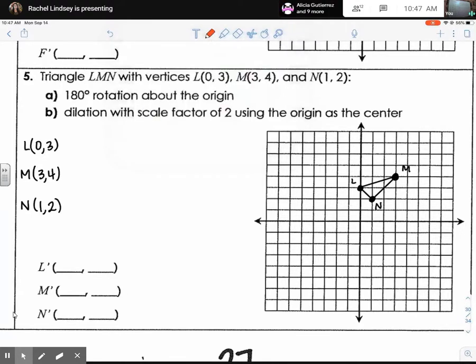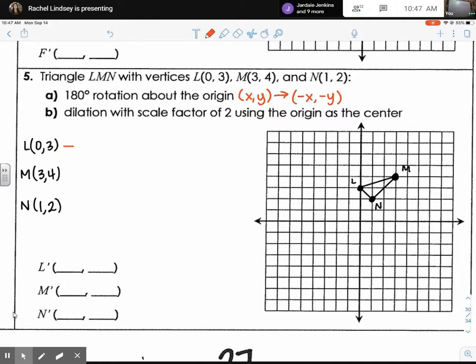And for my first transformation, I'm gonna rotate it 180 about the origin. So that means that my X, Y is going to, what's my rule for 180? What do I do with my X and my Y? I change their sign. So all my signs are changing on my coordinates.